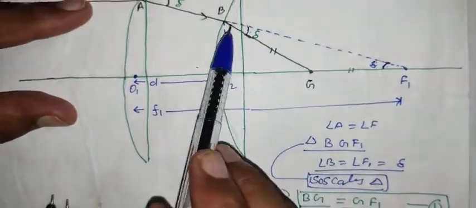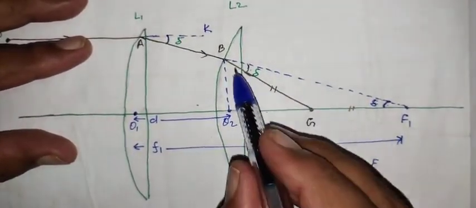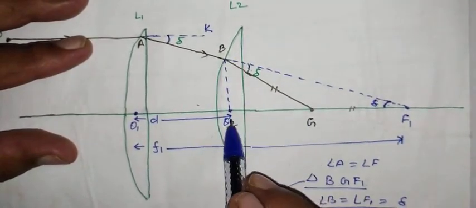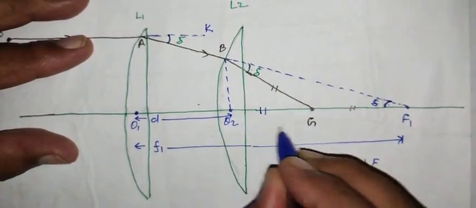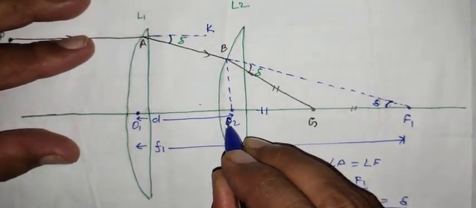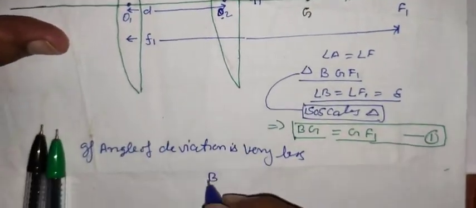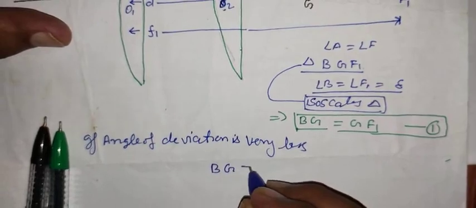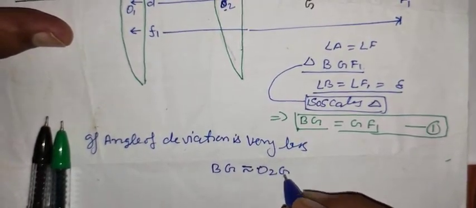See in the diagram, if this angle is very small, then BG we are taking as approximately equal to GO2, the second optical center. So in this condition, BG is nearly equal to O2G.